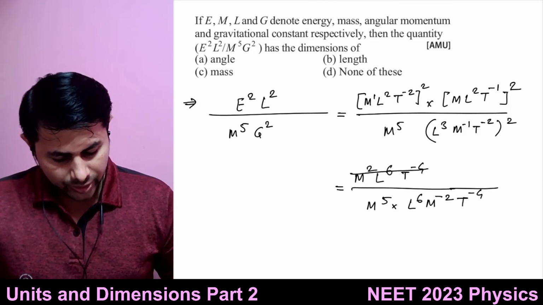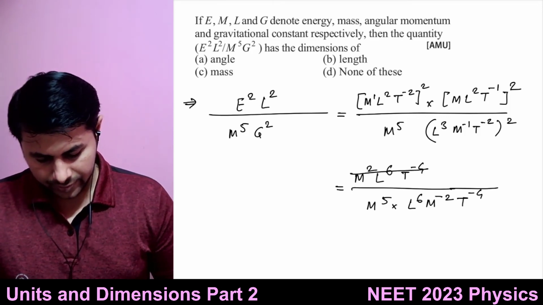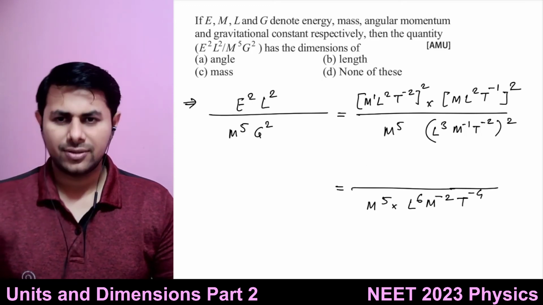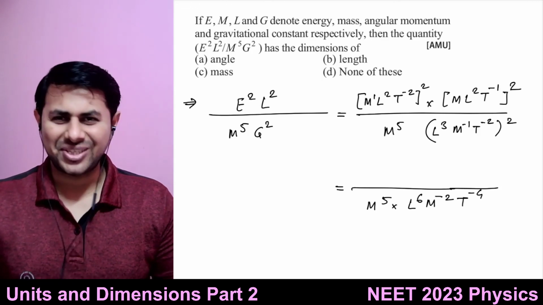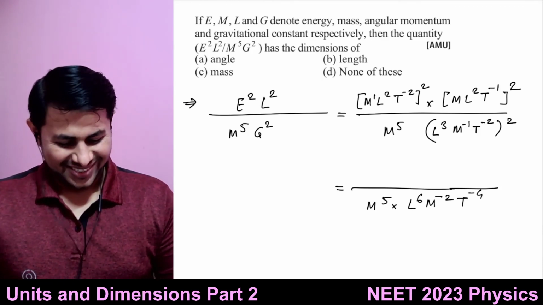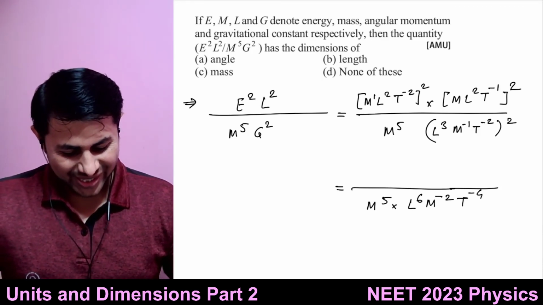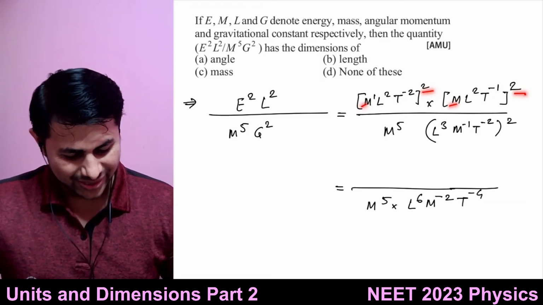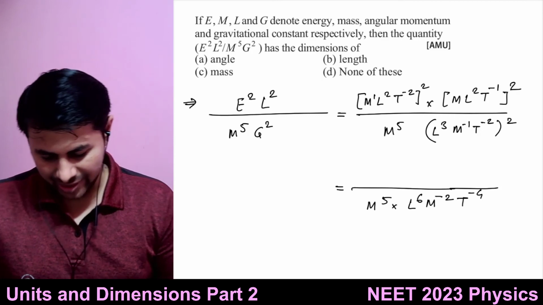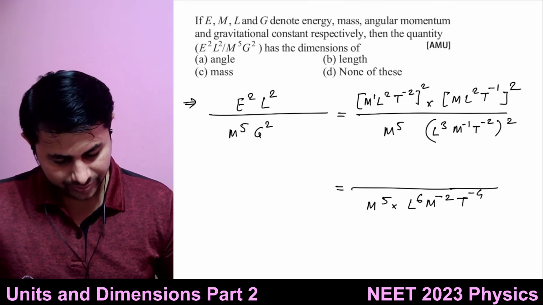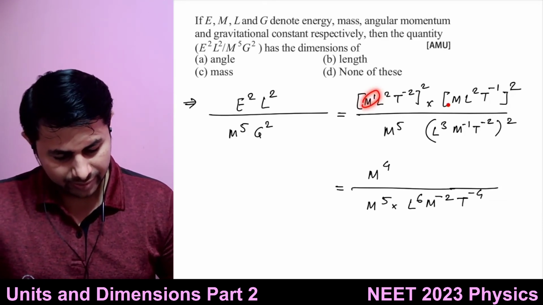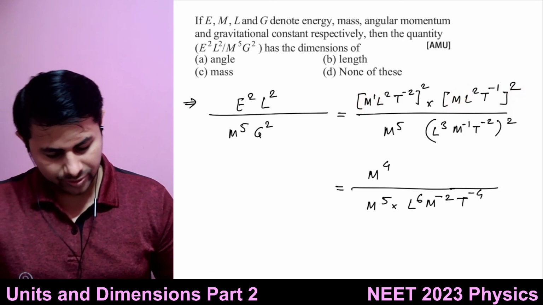So now what do we have? Okay, so we have to read the questions properly. Yes, so it is m raised to 2, m raised to 2 from here, m raised to 2 from here, that is m raised to 4.